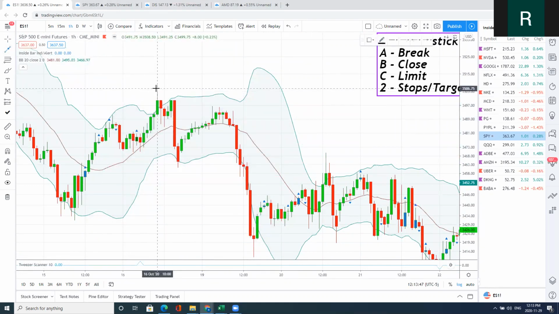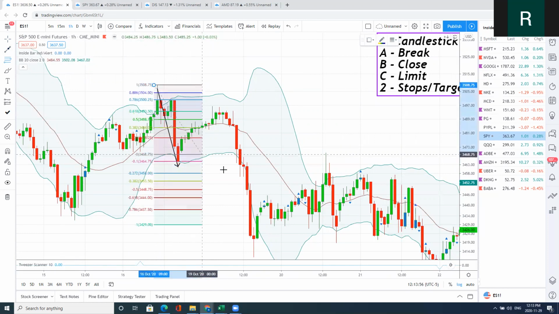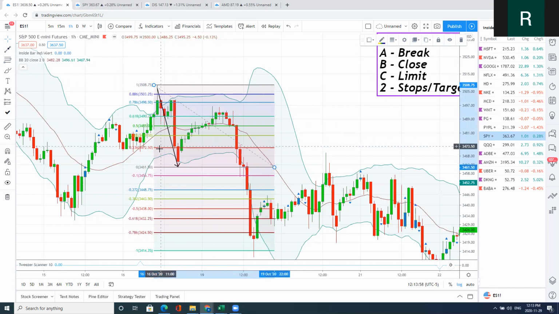So we have this impulsive leg, and then we know once we get the retracement that we're just looking for these fib levels to be the areas of potential reversal to continue with this trend. So what we can do is wait for particular bearish candles if we're shorting on the Fibonacci levels to confirm that the algorithms are indeed trading here.